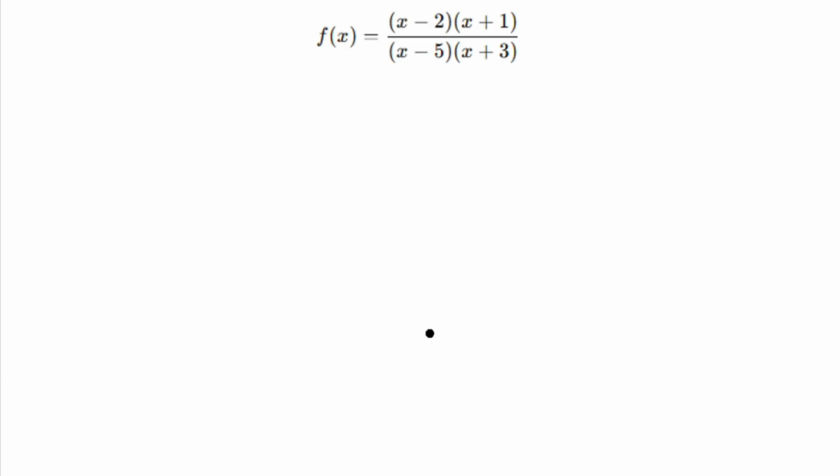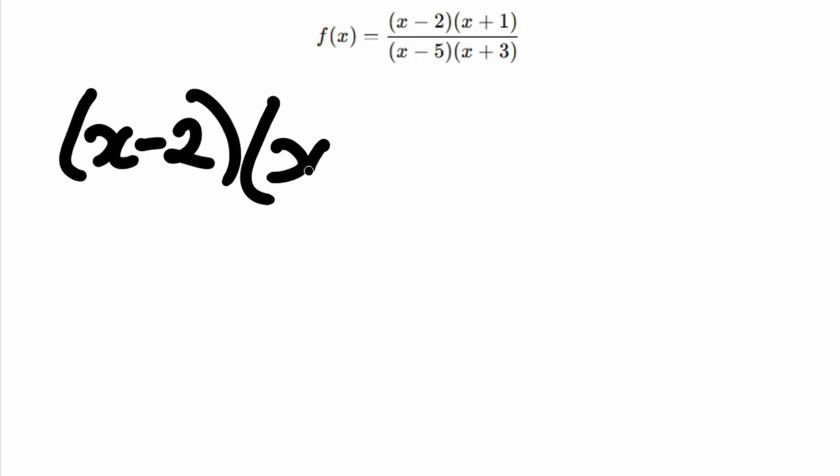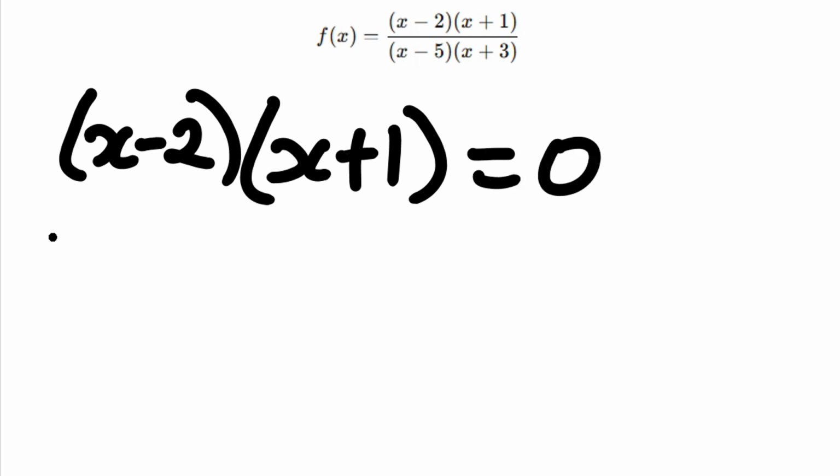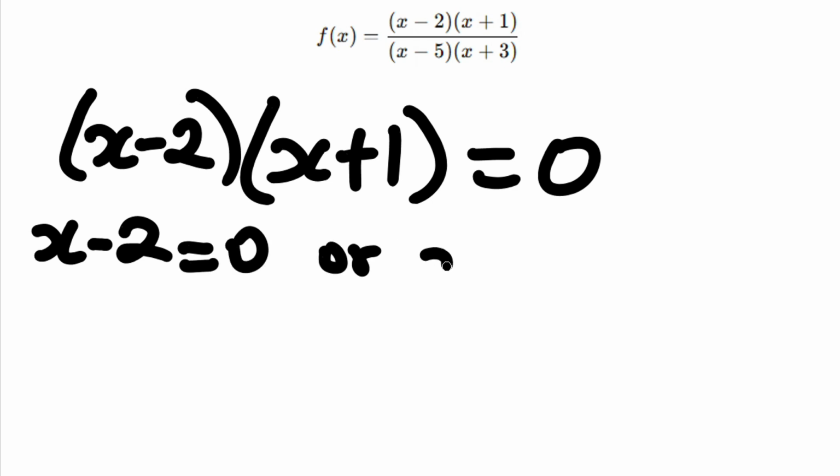Let's go to this one as well. Here we have the numerator and denominator already factorized. So we have x minus 2 multiplying x plus 1, and so on. You take the numerator, x minus 2 multiplying x plus 1 equals 0. Since it's in factorized form, we treat it as we do in factorization: x minus 2 equals 0 or x plus 1 equals 0.